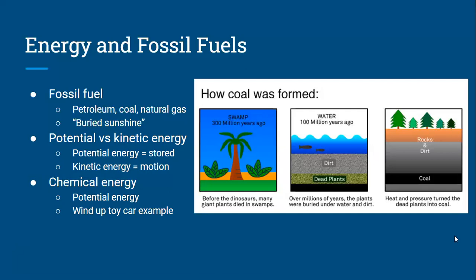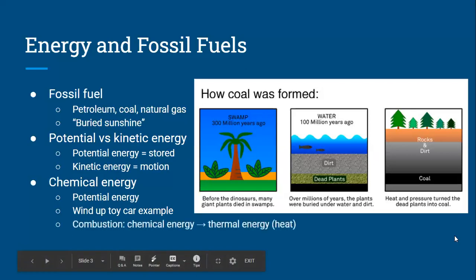When those substances undergo combustion and those bonds break, we can release that chemical energy in the form of heat, and we call it thermal energy. That heat can be converted again to be used, or we can use it as heat to heat our homes, for a variety of reasons. And we're going to get into that a little more.